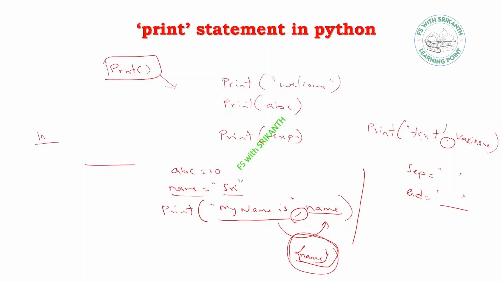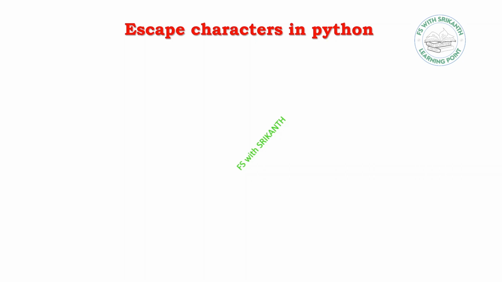I want to discuss some escape characters. Escape characters are nothing but characters preceded by a backslash. So \n is indicating a new line, and \t can add a tab space. It is generating a new line, so the printable statement is placed on the next line.